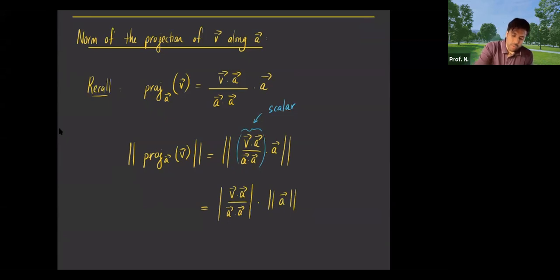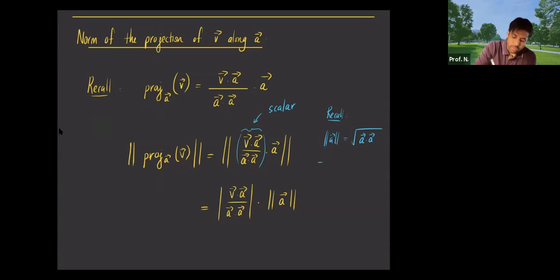But recall, what is the norm of A? There's a lot of recalling here. What is the norm of A? Remember this, the norm of A is equal to the square root of the dot product of A with itself.